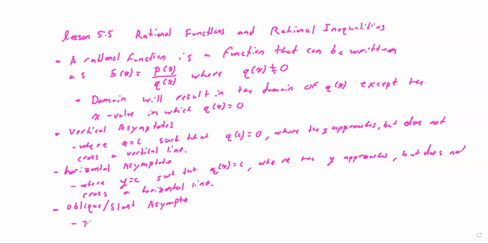Again, this is if there is no horizontal asymptote, then we have a non-horizontal asymptote.